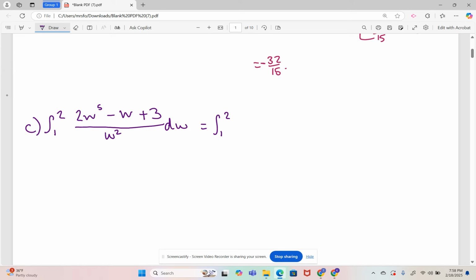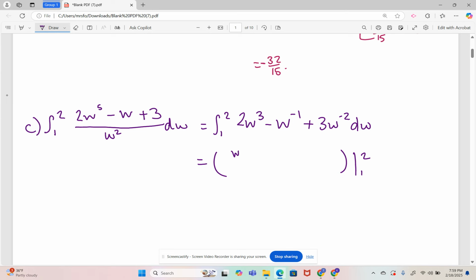So for that first term, we would end up with 2w cubed minus w to the negative 1 plus 3w to the negative 2. Once it's in that form, we can easily take the antiderivative. And so we're going to do that on the interval 1 to 2. Remember, 2 is your upper and 1 is your lower. So finding the antiderivative, remember we increase our exponent by 1, and then that becomes what we divide by.